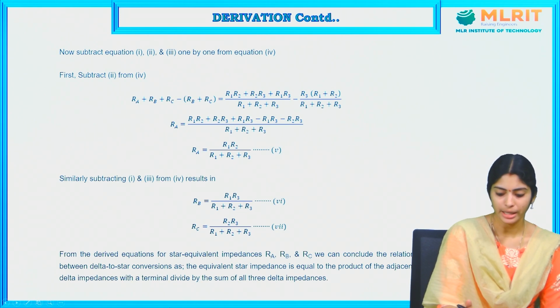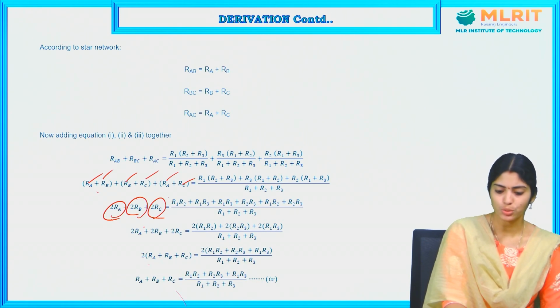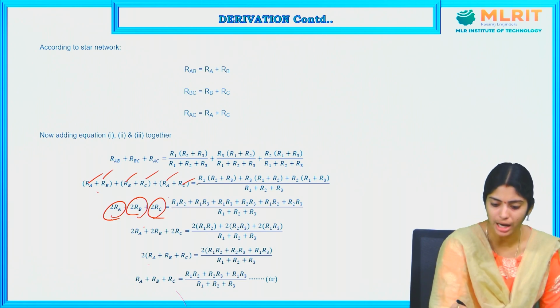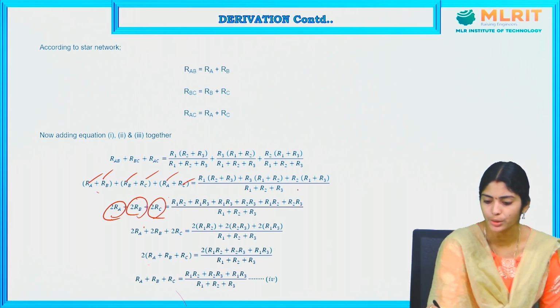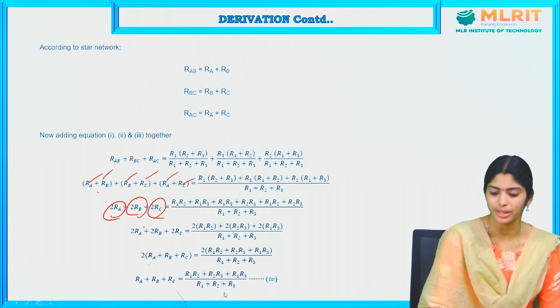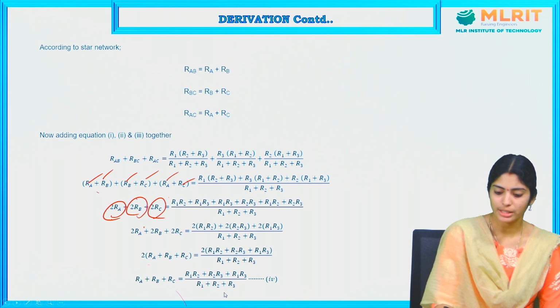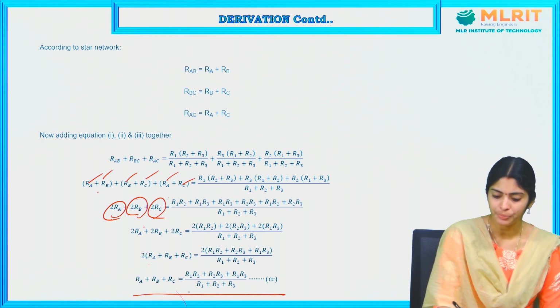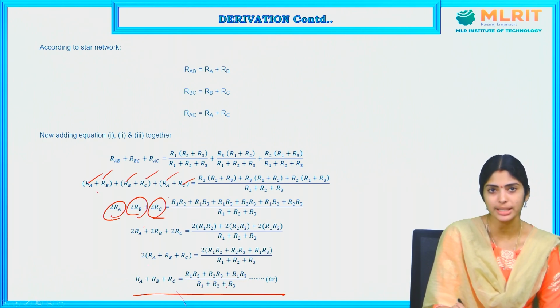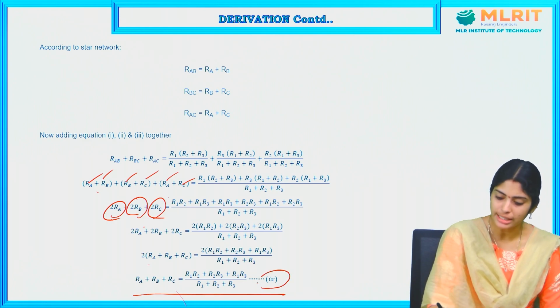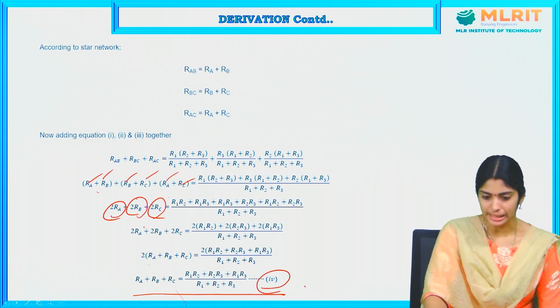So 2 RA plus 2 RB plus 2 RC is equal to R1 R2 plus R1 R3 plus R3 R1 plus R3 R2 plus R1 R2 plus R2 R3, by R1 plus R2 plus R3. Reducing this equation, we get RA plus RB plus RC is equal to R1 R2 plus R2 R3 plus R1 R3 by R1 plus R2 plus R3. Note down this as equation 4 and keep it aside.